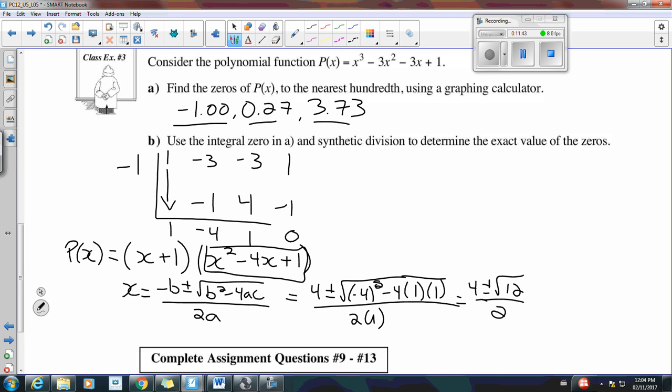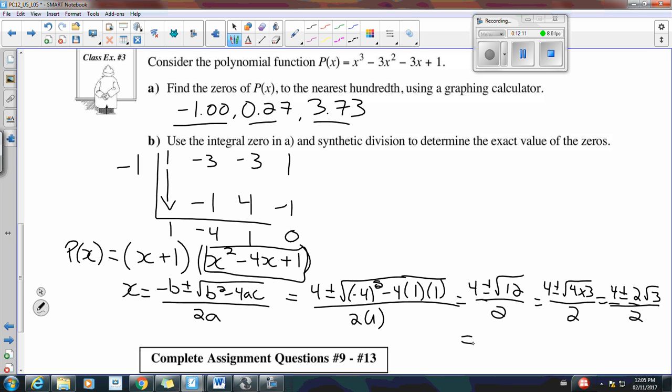Now you do need to remember how to simplify these radicals. So the highest perfect square that goes into 12 is 4. So we can rewrite it like that. Then we can take the square root of 4 and put it out front. And lastly, to simplify this, we can divide each term up top by the 2.